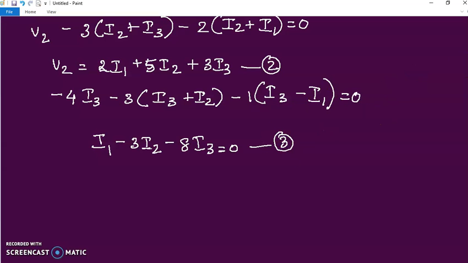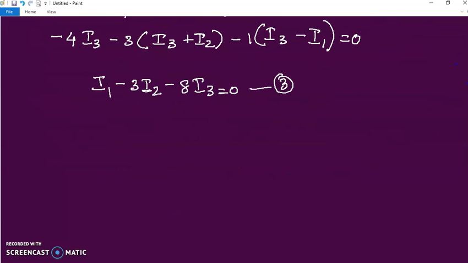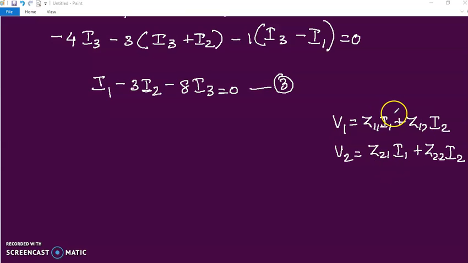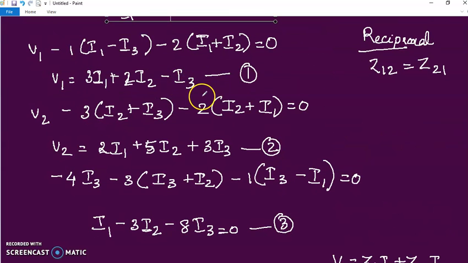Now we want to bring these two equations to the Z parameter equation form. The Z parameter basic equations are these. So in order to bring the first two equations to this form, we have an I3 here, and in this equation we have to replace these two I3s in terms of I1 and I2, and we will get I3 in terms of I1 and I2 from this equation.